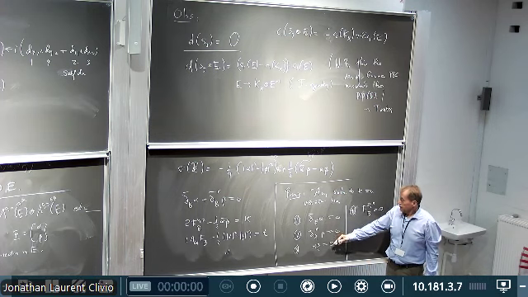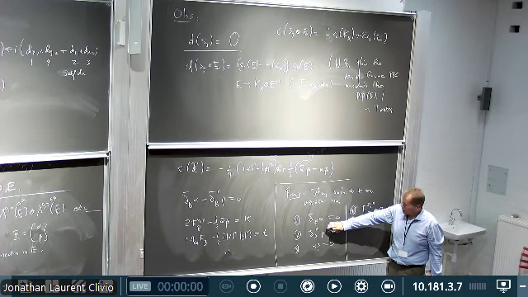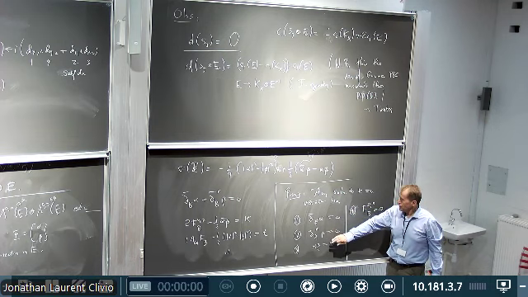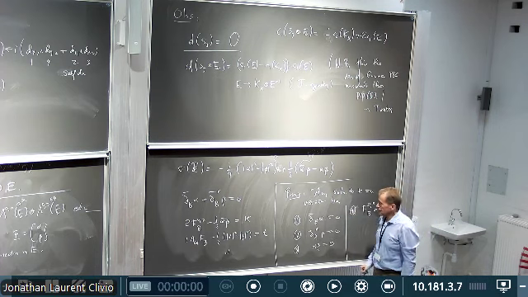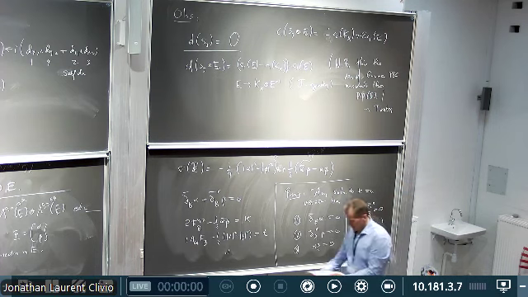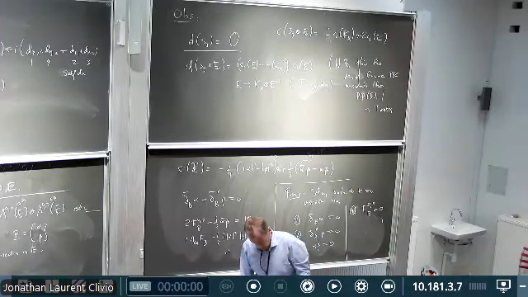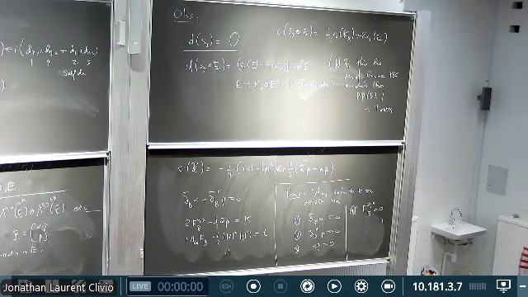But if the Seiberg-Witten invariant is non-zero, then there must be a holomorphic section of this line bundle.